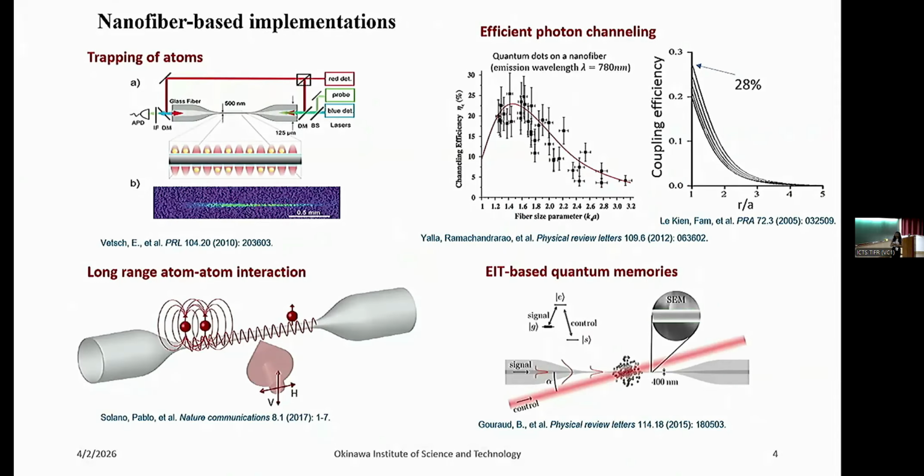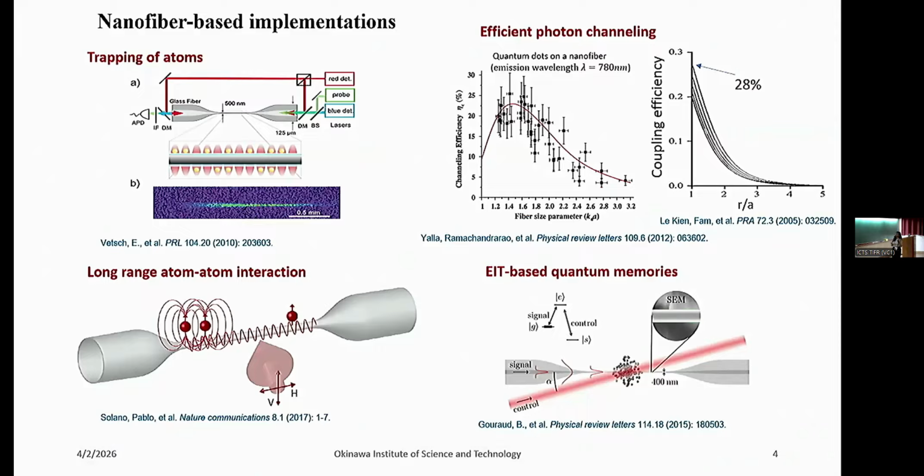Here I am showing some nanofiber based implementations. The nanofiber provides a platform to trap atoms around the fiber using two counter propagating light fields. We can create an optical lattice around it and trap the atoms.